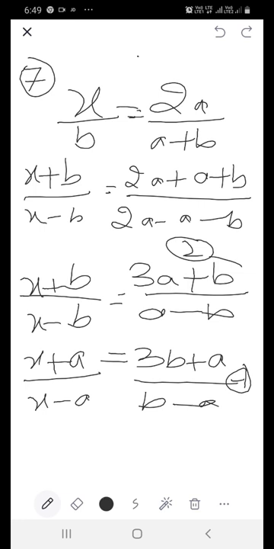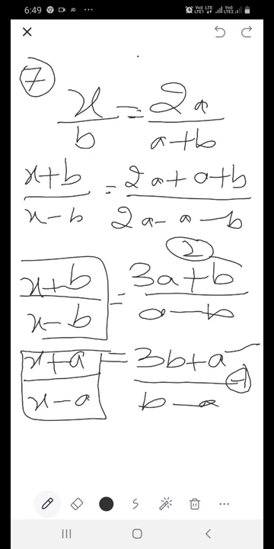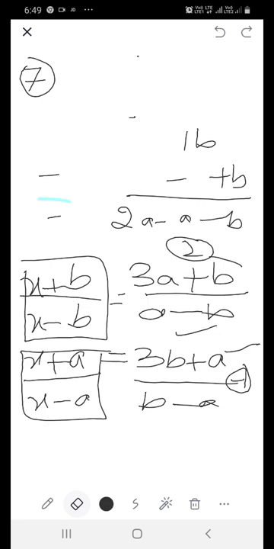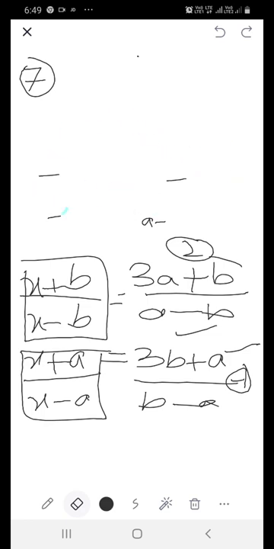So I have taken both the values: x plus a upon x minus a as this, and x plus b upon x minus b as this. Now we have to add these two values. When you add these two values, you have to add the value of this as well as this in the question.